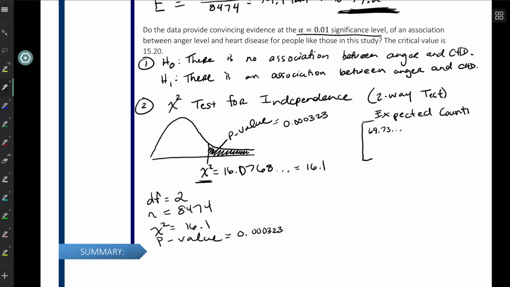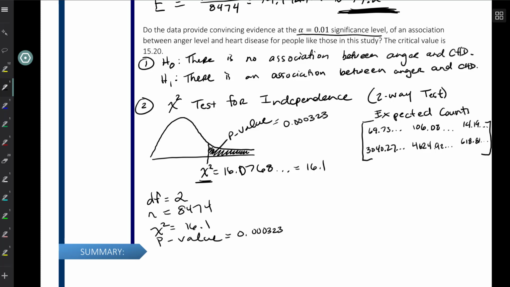From that calculator page, 106.08, 14.19, and then in the next row we had 3,040.27. In the next row we had 4,624.92, and then we had 618.81. So on and so forth.